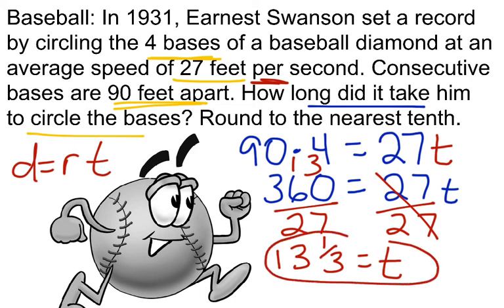So that would be 13 1/3 seconds. So you can say, if you chose to do the decimal version, 13 3/10 seconds equals my time. So it took him 13 3/10 seconds to circle the bases. So that's making a connection between some of our previous lessons and algebra using distance, rate, and time.